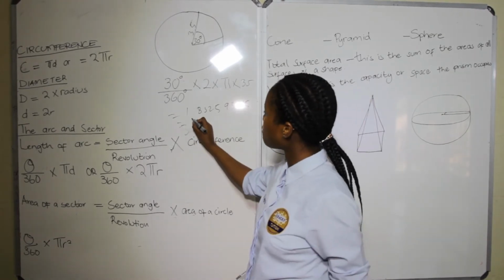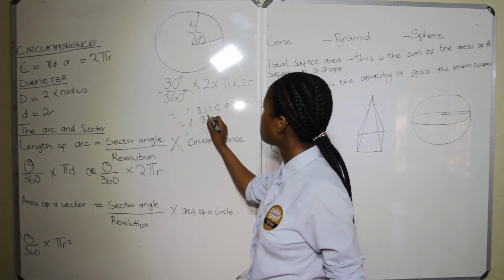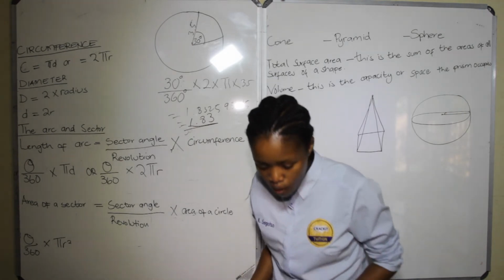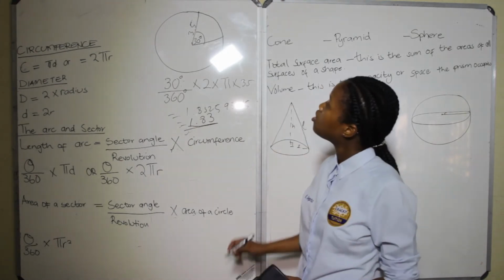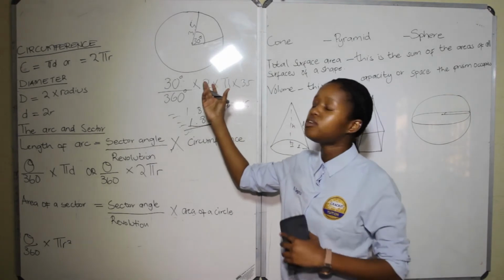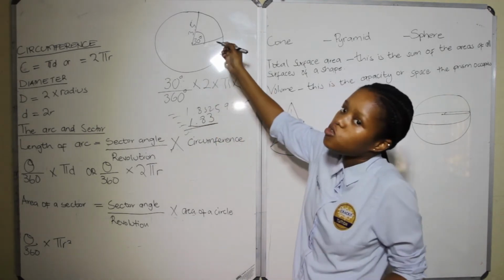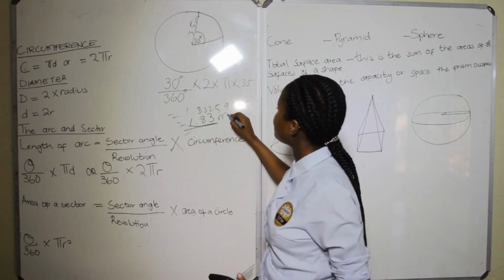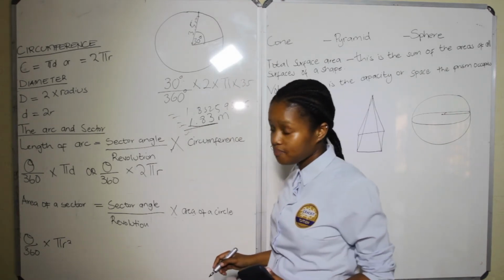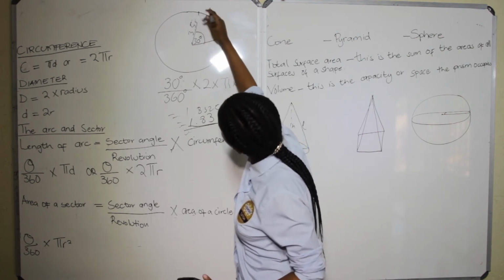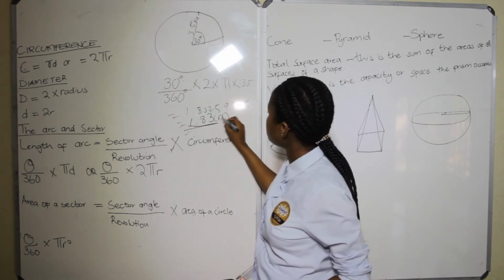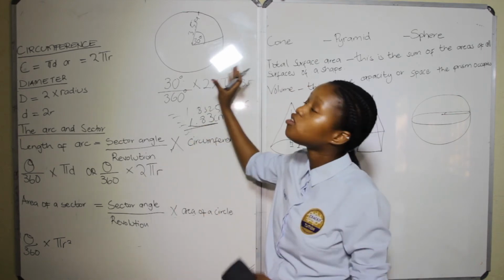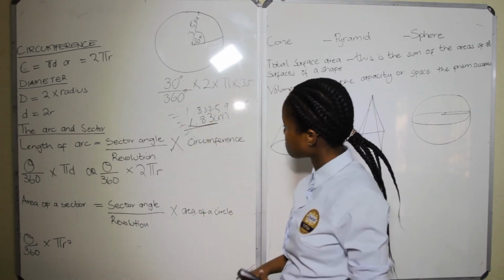So it's going to remain as 1.83, which is going to be the length of our arc. In this case, I didn't put any units there. If I had put in meters here, I would just say 1.83 meters, right? But if I put in centimeters there, I would just say 1.83 centimeters. So your units are going to depend on what the units were given there.